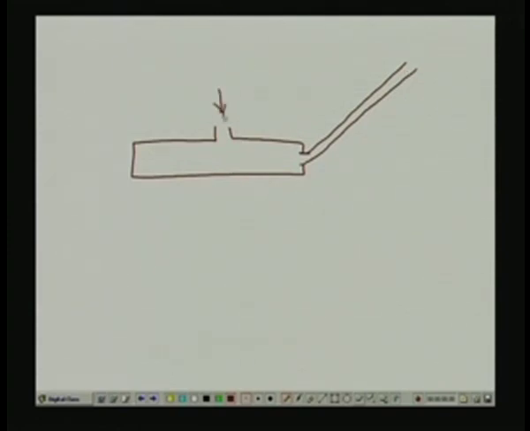This is the unknown pressure, and this is our atmospheric pressure. So, what will happen, you see the liquid will come down here.